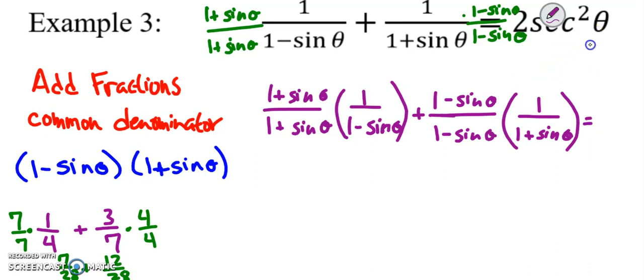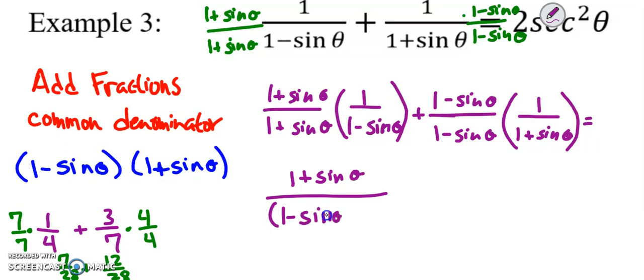That's going to equal this side, hopefully. Okay, so if we were to do this, we would have a common denominator of 1 minus sine theta times 1 plus sine theta, but on top, we would get 1 plus sine theta for the first fraction. It doesn't matter which way you write this denominator. If you do the addition part first and then the subtraction, that's fine, as long as you have them both down there.